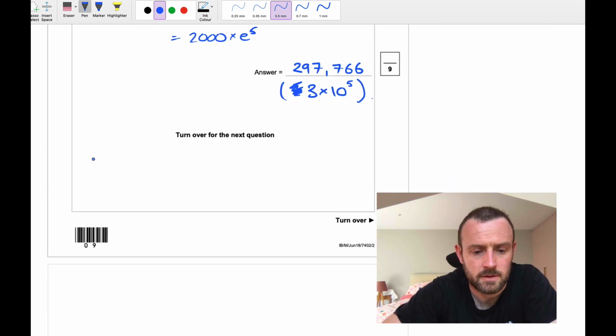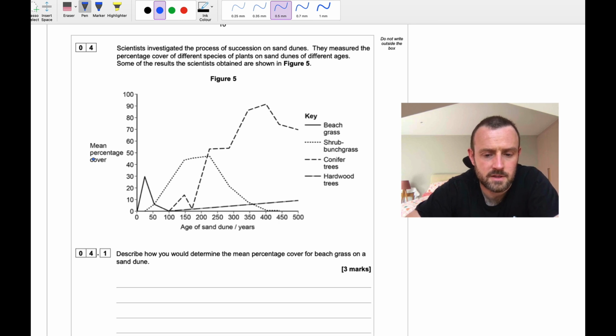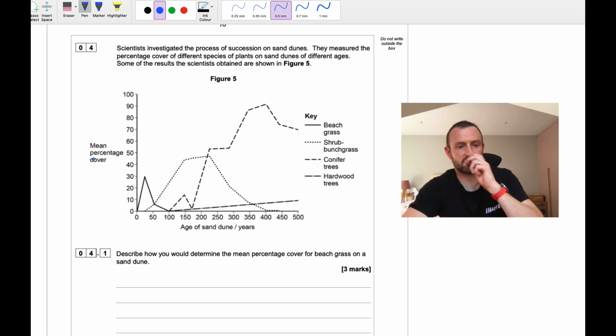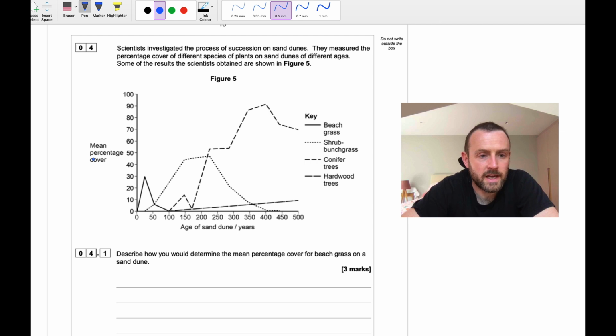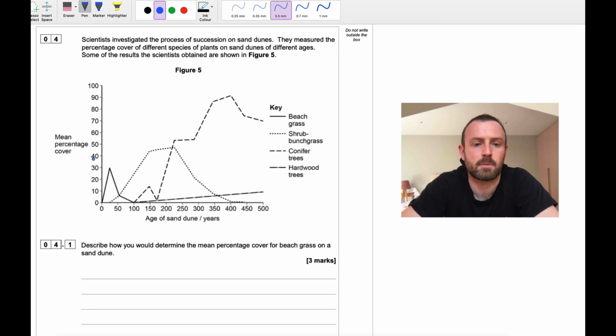Let's keep going. Ooh, right, this is a lovely graph. Let's look at this question. Question 4. Scientists investigated the process of succession on sand dunes. They measured the percentage cover of different species of plants on sand dunes of different ages. Some of the results the scientists obtained are shown in figure 5.